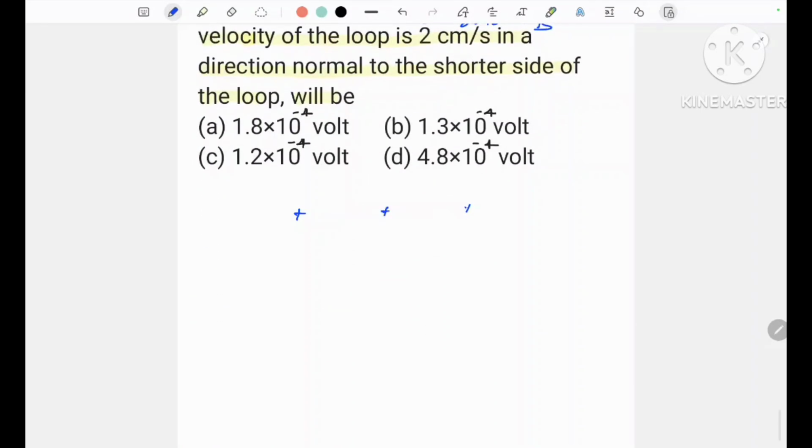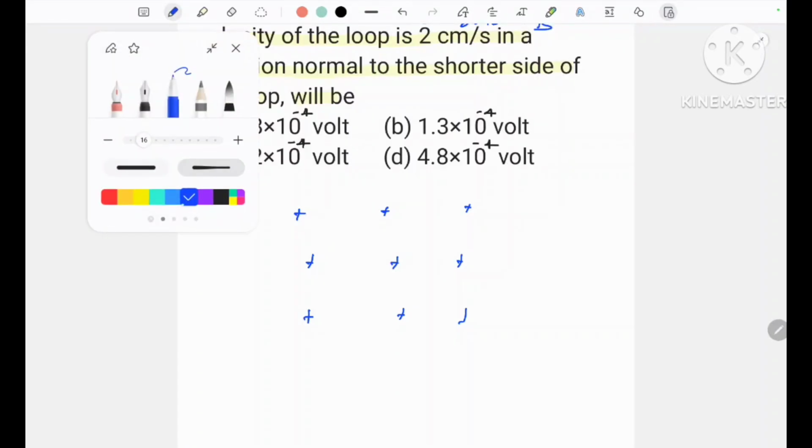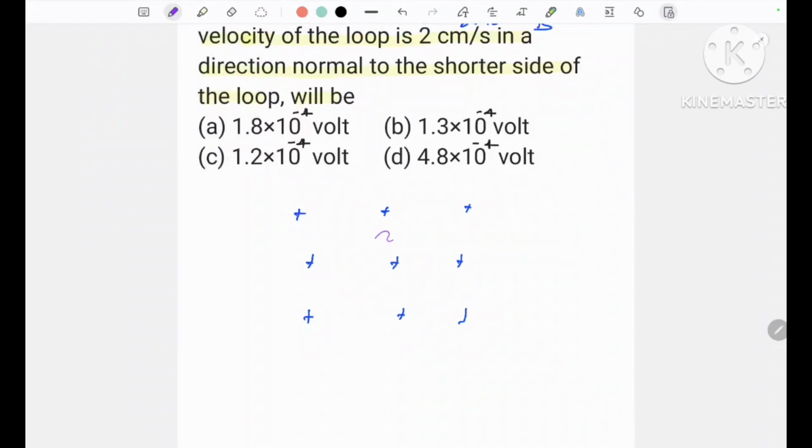एक magnetic field and a loop is coming out.